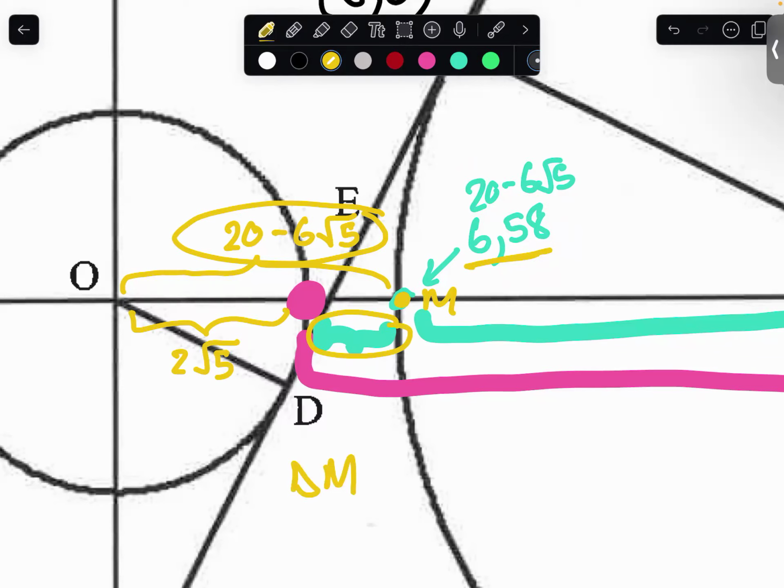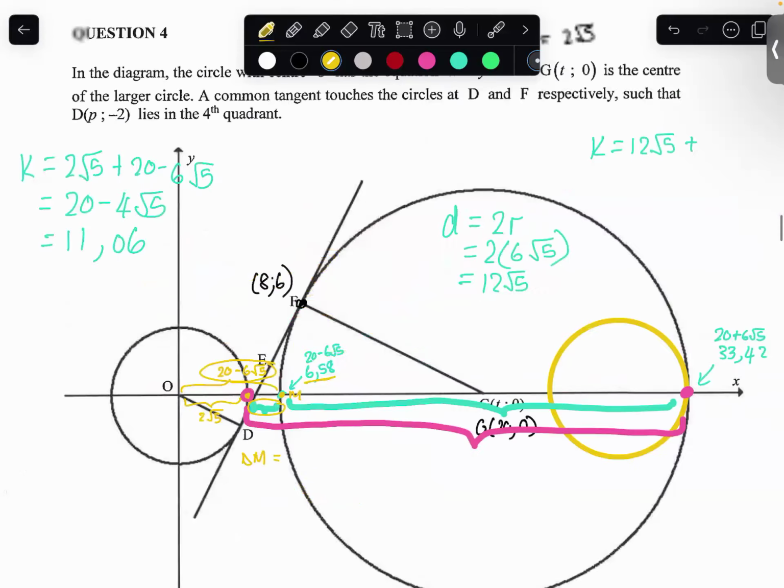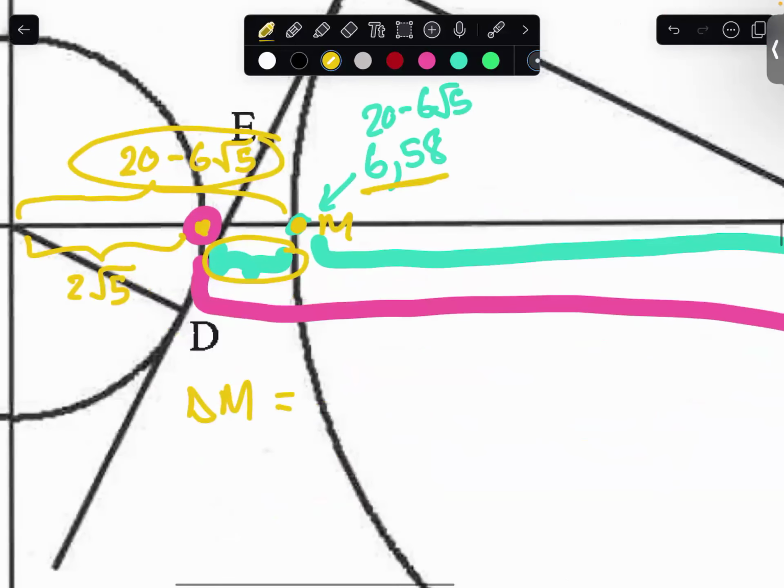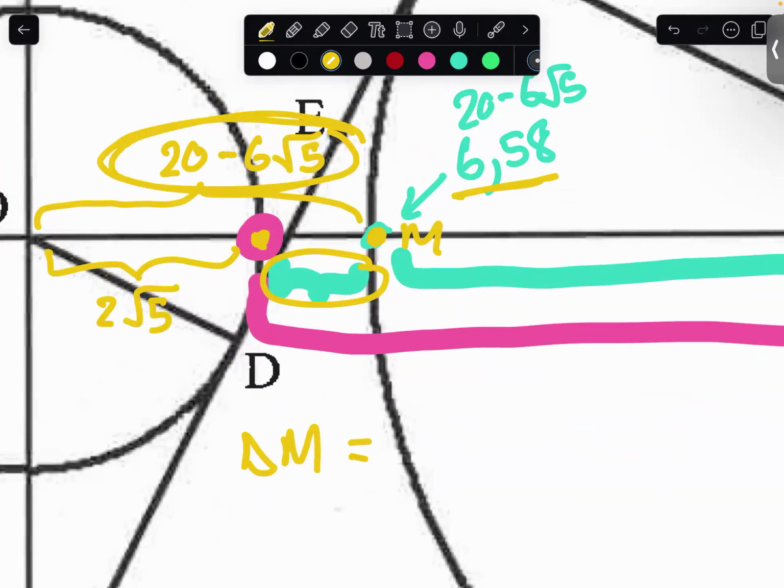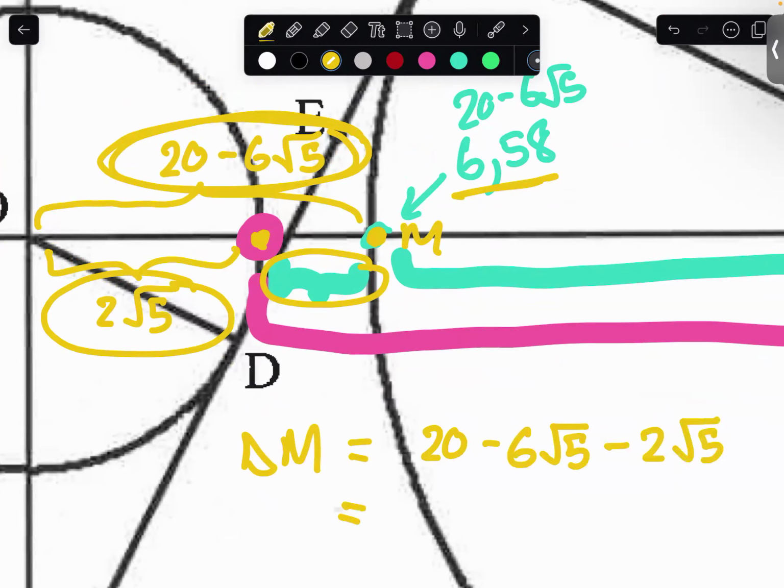DM. From here, D to M is equal to, I hope nothing else in the sum was called M. It wasn't. Okay, so DM is equal to the big distance minus the small distance, which is 20 minus 6 root 5 minus 2 root 5. That's going to give me DM, which is 20 minus 8 root 5. Right. That gives me this little distance here.